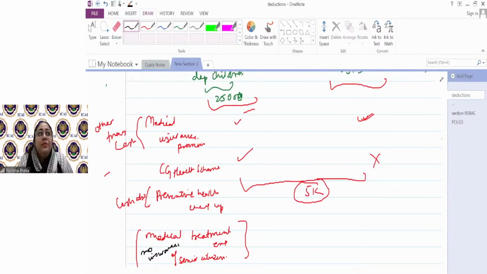But guys, a lot of companies do not do medical insurance of senior citizens because obviously the risk factor is high, since senior citizens would have more treatments and more health risk as compared to a younger person. So they don't insure senior citizens, or if they do, it is at a very high premium amount.